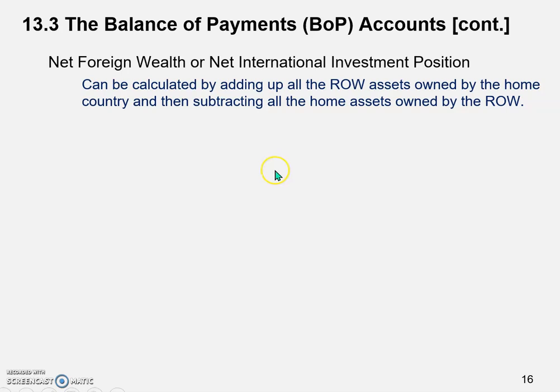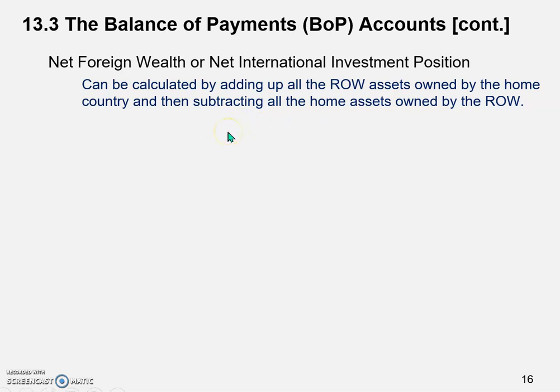Okay. Putting it differently, we're talking about all the foreign assets owned by the U.S. minus all the domestic assets in the U.S. that are actually owned by foreign entities.